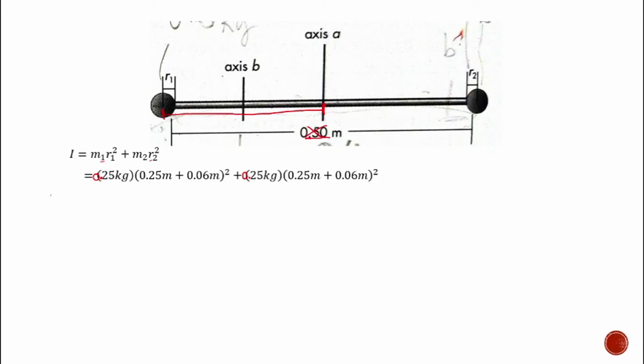So, ito yung 0.25 meters. Now, saan naman nanggaling yung 0.06 meters? Remember, kanina sa previous slide natin, yung diameter ng sphere na ito was 0.12. Kaya lang yung kakailanganin natin is yung half or yung radius. Kaya nandito yung parang mayroong drawing dito. Ito lang yung kailangan natin. So, i-half natin ito. Ito yung 0.06.